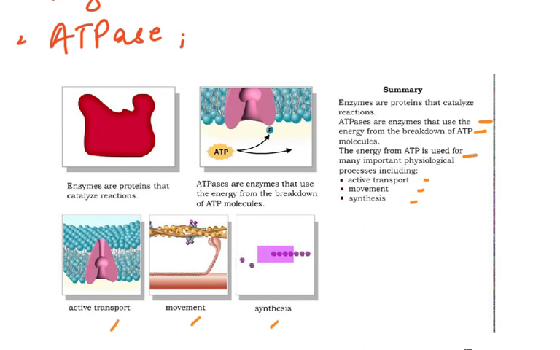Monomer to glucose to glycogen requires ATP. Glucose to amylose or amylopectin requires ATP. Glucose to glycogen requires ATP. So ATPases are enzymes that use the energy from the breakdown of ATP molecules. I hope everybody is clear on this ATPase. Please do not confuse this with ATP synthase.